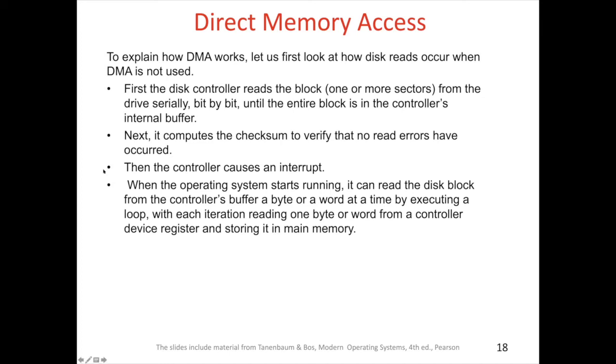Then, the controller causes an interrupt. When the operating system starts running, it can read the disk block from the controller's buffer, a byte or a word at a time, by executing a loop, with each iteration reading one byte or word from a controller device register and storing it in main memory.